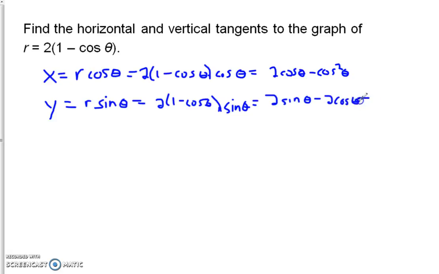So you might want to consider some double angle formulas here as well to help you out and maybe make that derivative just a little bit easier.